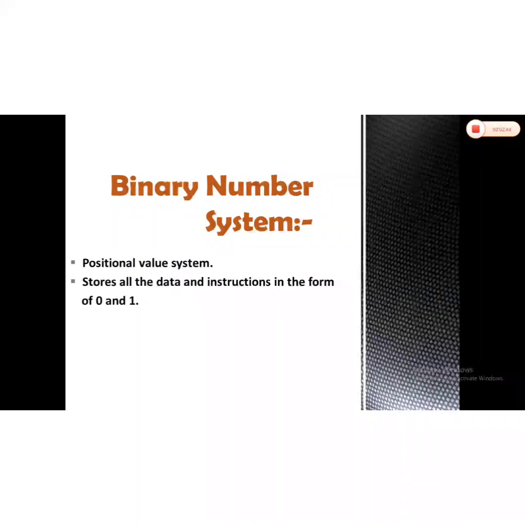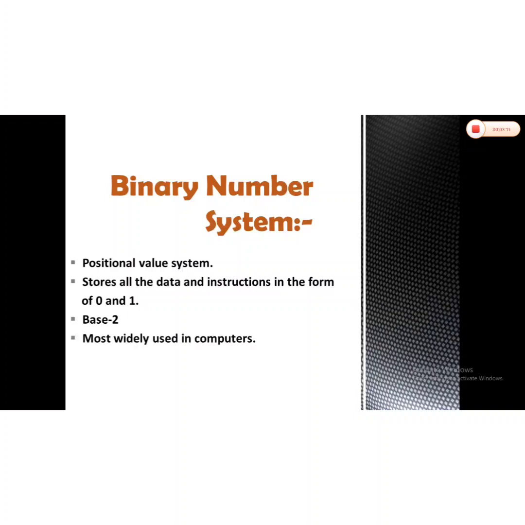It has only two symbols, 0 and 1. It stores all the information, like your photo, your video, your instructions, your codes, your programming, anything, in 0 and 1. Because it has two symbols, it is given a base of 2.